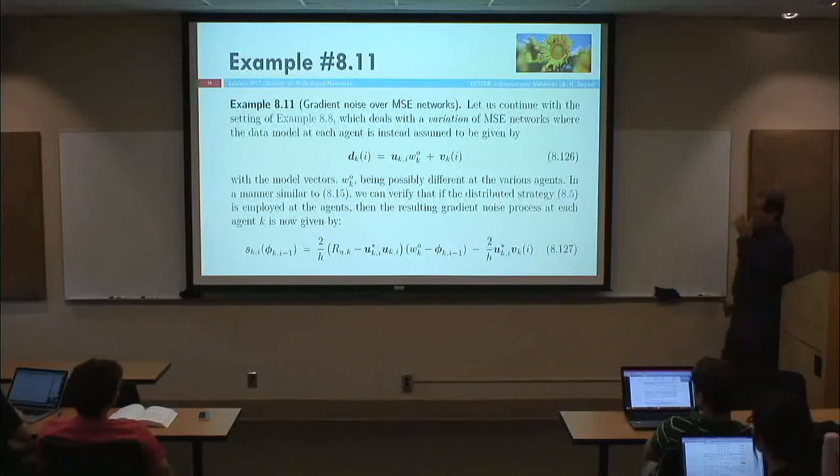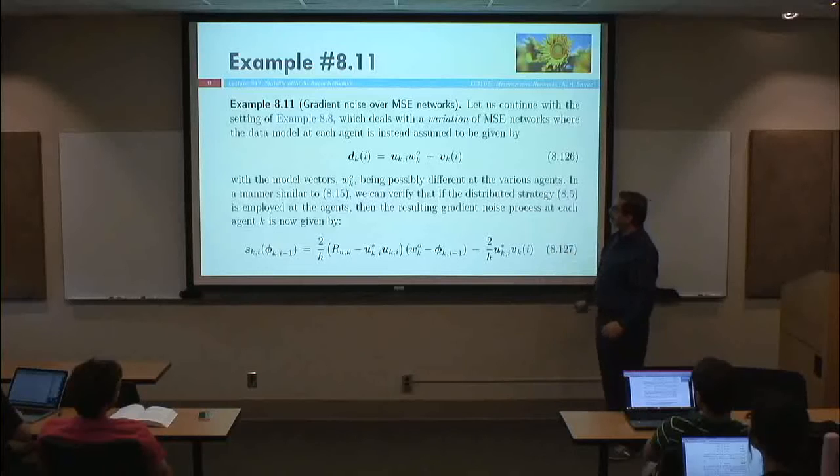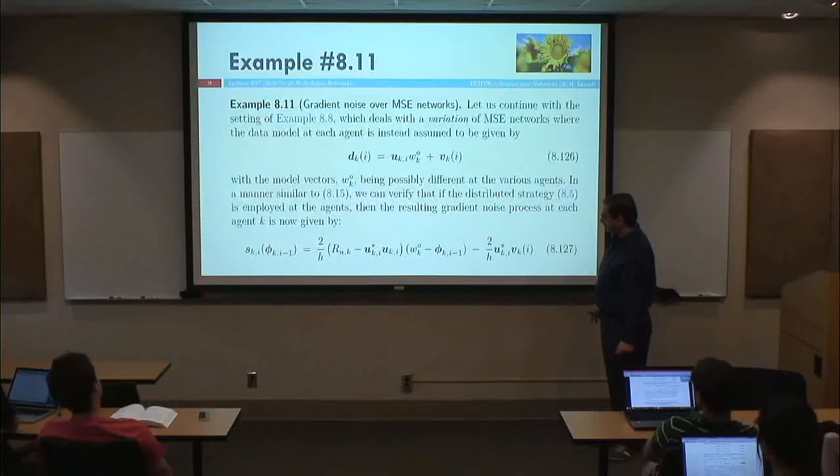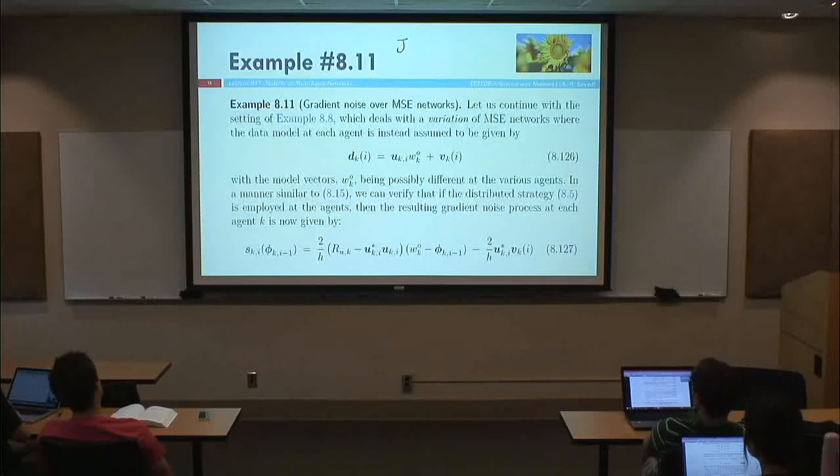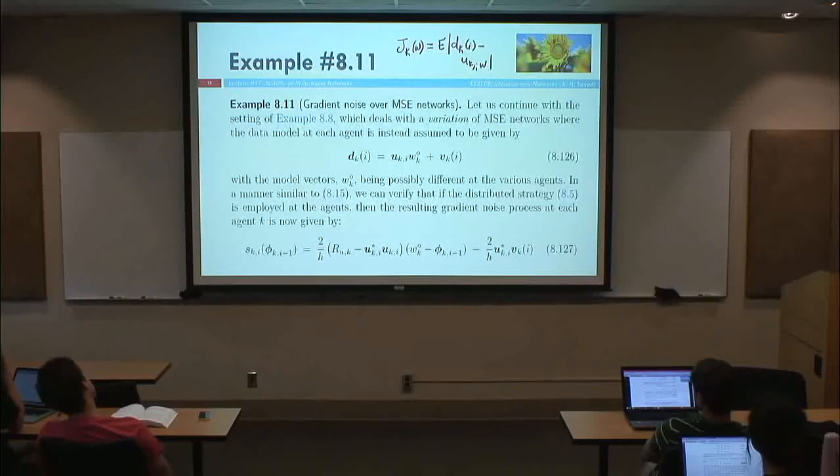And this is just an example for the mean square error case, where the cost function is quadratic, the expected value of d_k minus u_k,i omega squared.